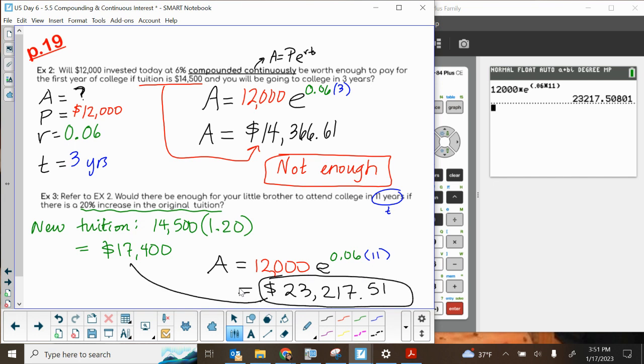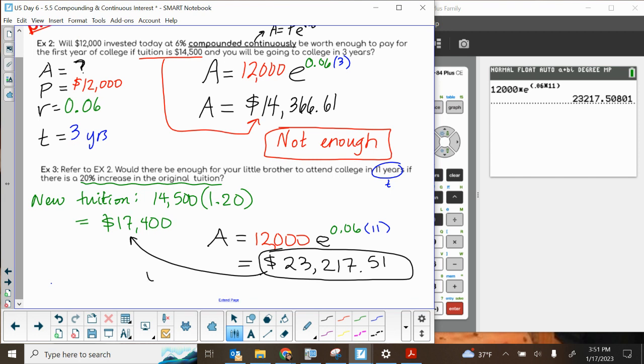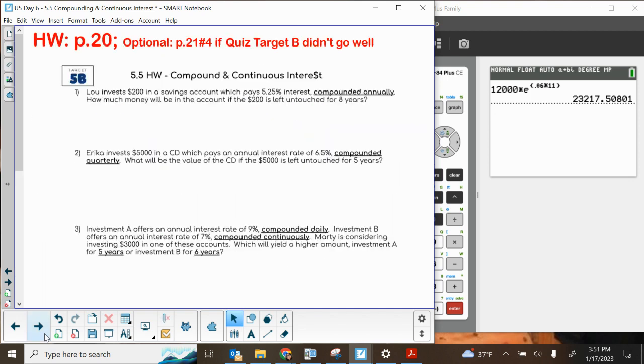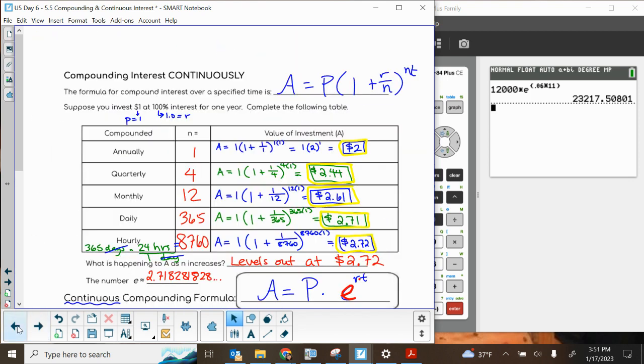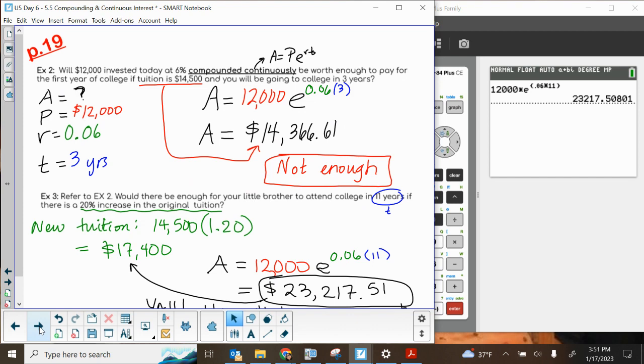And that is, he will have enough money. My brother will have enough money. Maybe someday college will just be free. Okay, so I believe that is it for the notes. Thanks for watching.